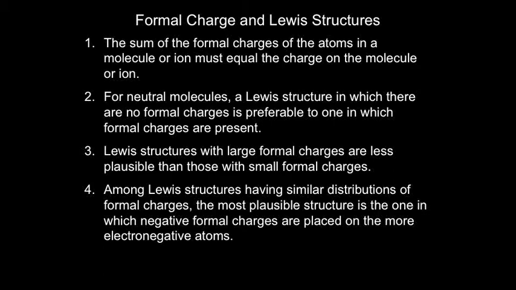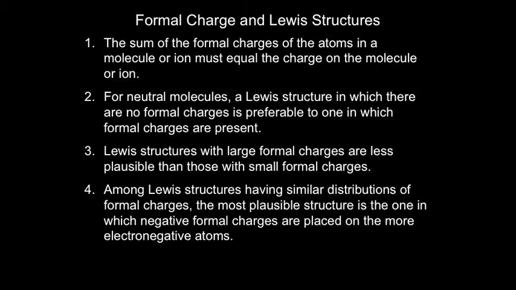So the things that want to bring electrons towards them are going to be preferred to have those negative charges, as you would expect from our definition of electronegativity. It's drawing those negative electrons towards it. So if it prefers to do that, it's going to be favorable to have this negative charge.